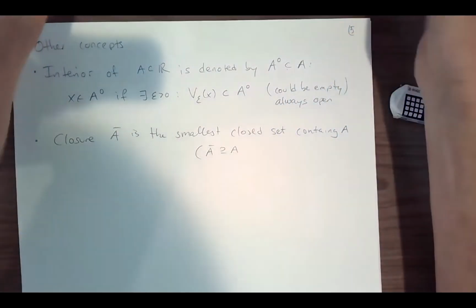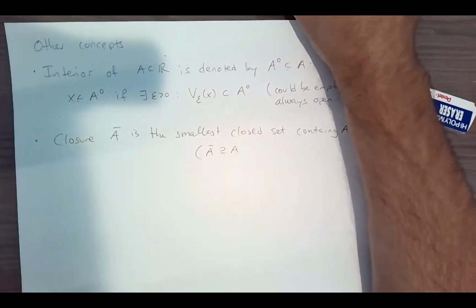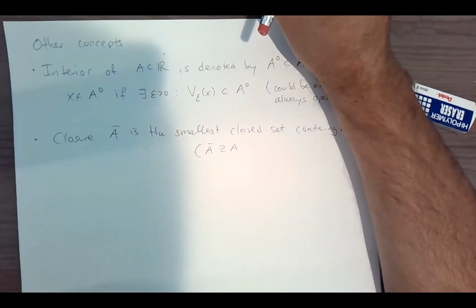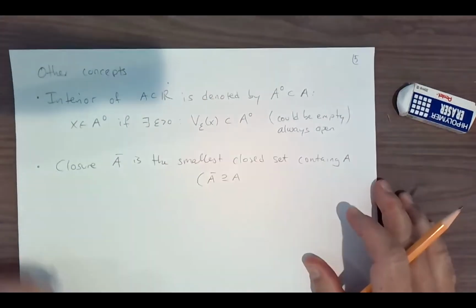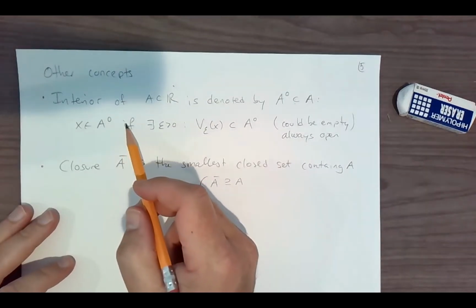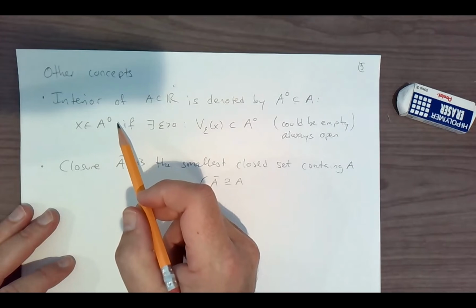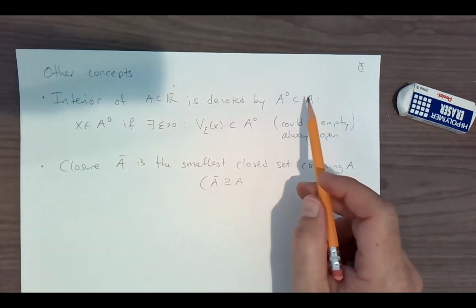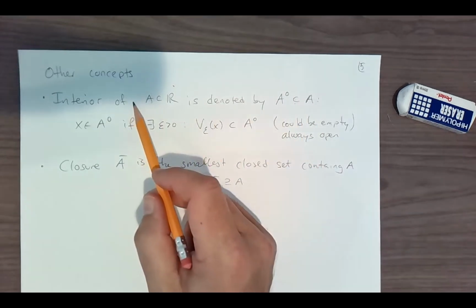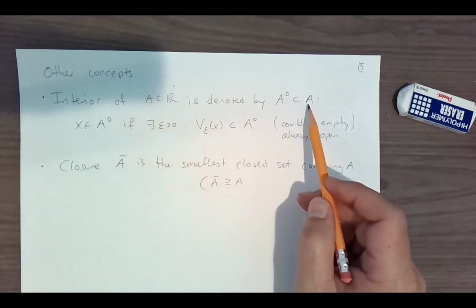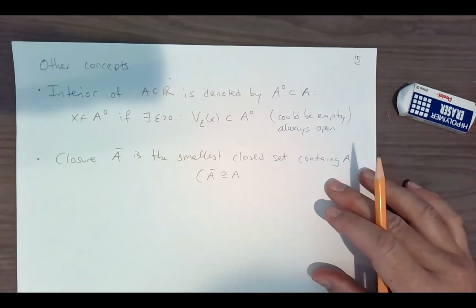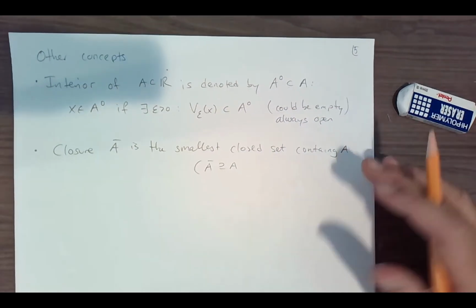Oh, that was a question. How is it different from just being an open set? For the interior of a set, it has to be open, yes, but it also has to satisfy more properties. It is not enough just to be open.